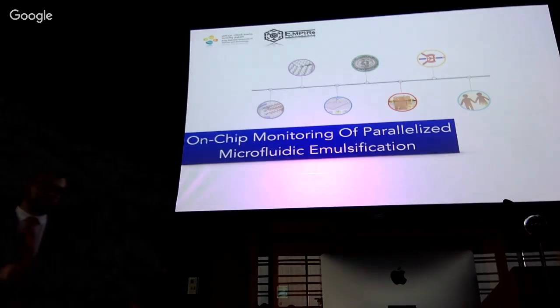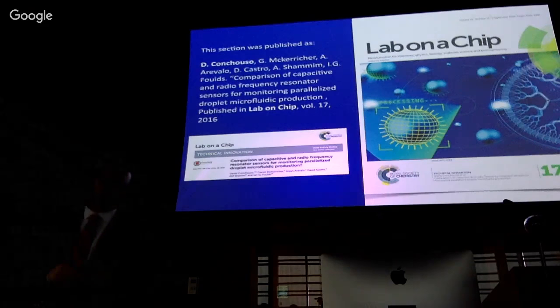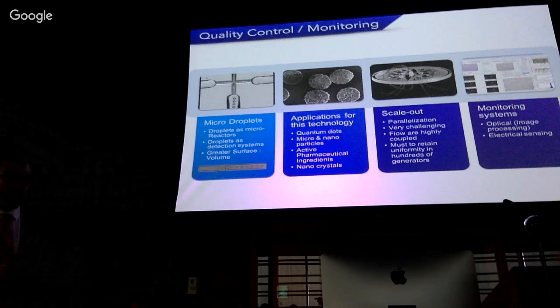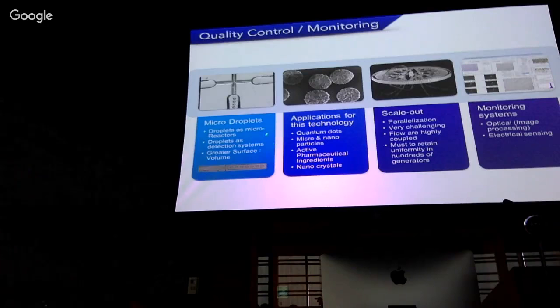So this is now the third section of my defense, where we're going to discuss some on-chip monitoring. This was published also in Lab on a Chip, and we got the cover image because of the work. So now we have seen how we can use droplets as microreactors. We have crystallized some pharmaceuticals.